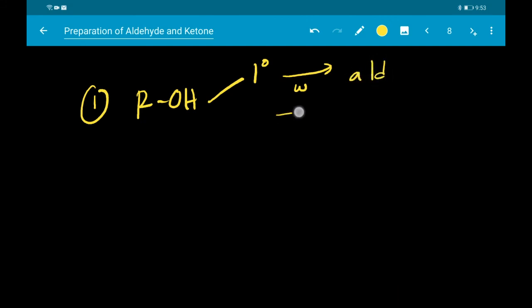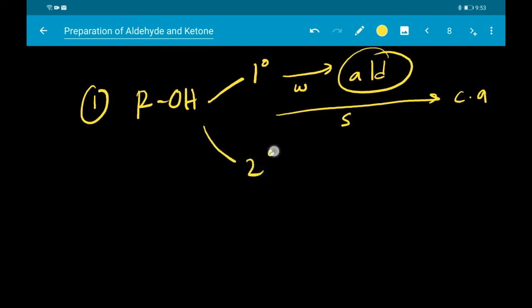We cannot use a strong oxidizing agent because it will become carboxylic acid and we cannot get our desired compound. For a secondary alcohol, it doesn't matter whether we use a weak or strong oxidizing agent, because it ends up as ketone only, since there is no more available hydrogen to be oxidized into carboxylic acid.